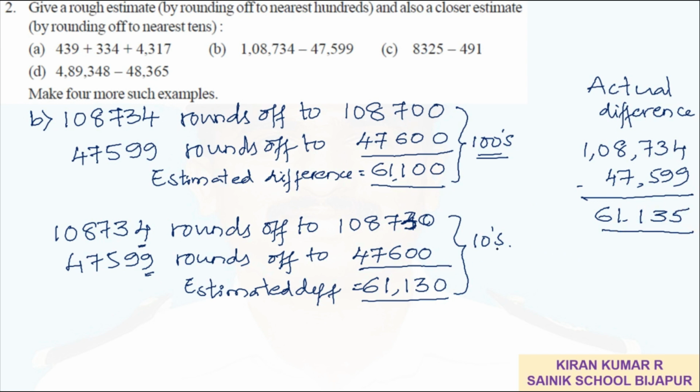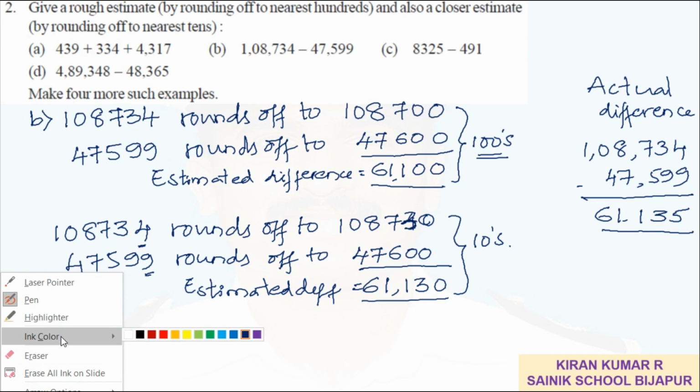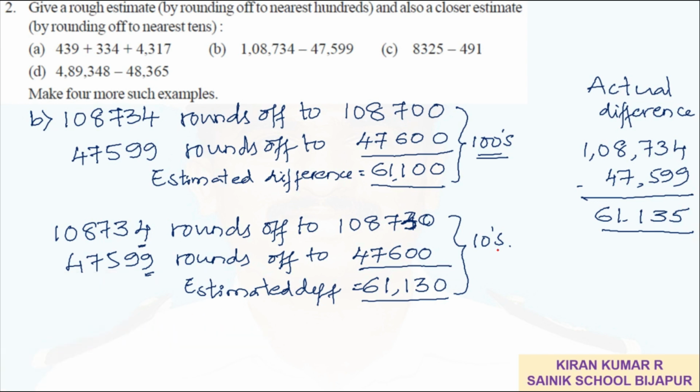You can guess it. Yes, the closer estimate is 61,130. It is very close to 61,135. So we won't consider rounding off to the nearest hundreds. We will consider rounding off to the nearest tens. Now you must be able to understand.